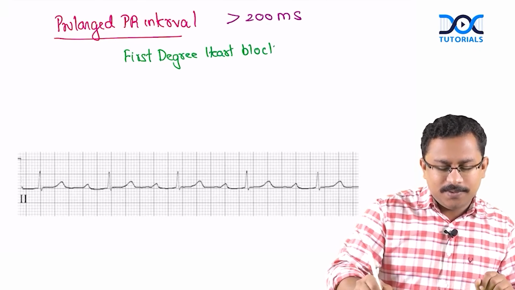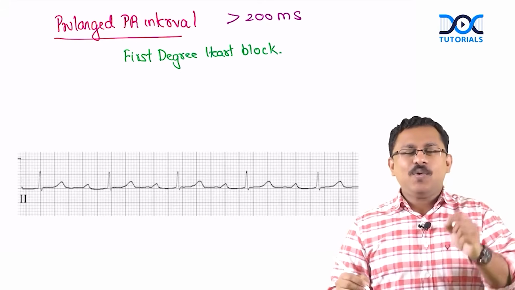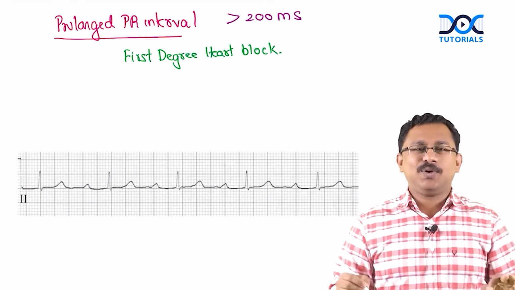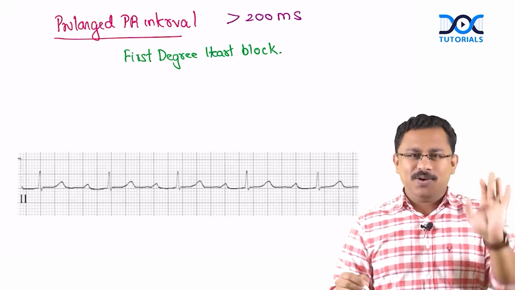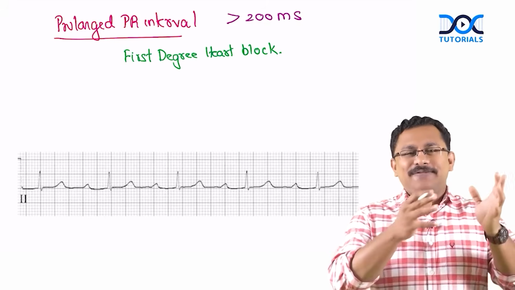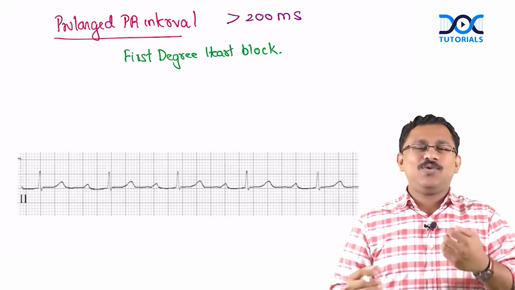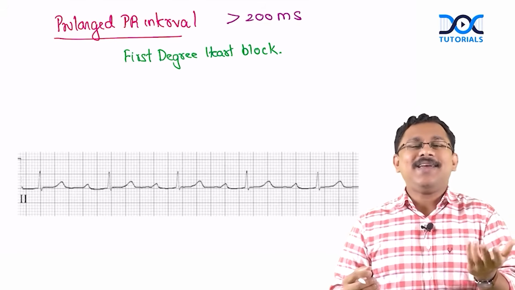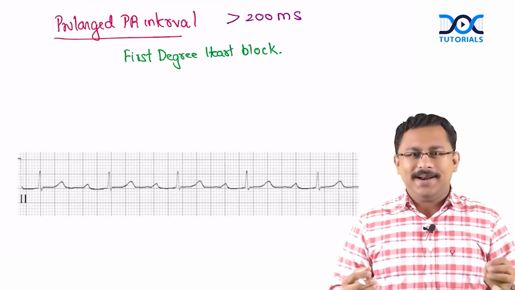First degree heart block. Now remember, if you have some drug that acts on the AV node, so that the further conduction across the AV node is delayed, that can also lead on to a prolonged PR interval.